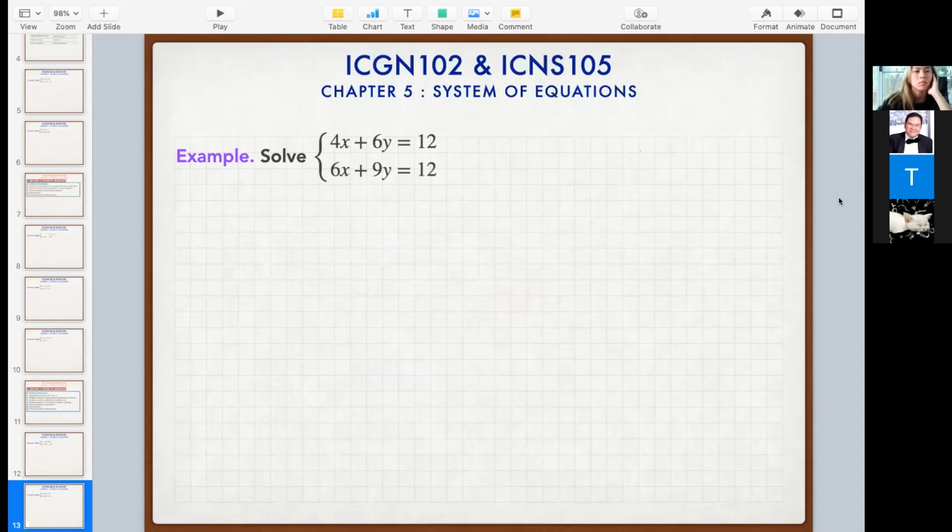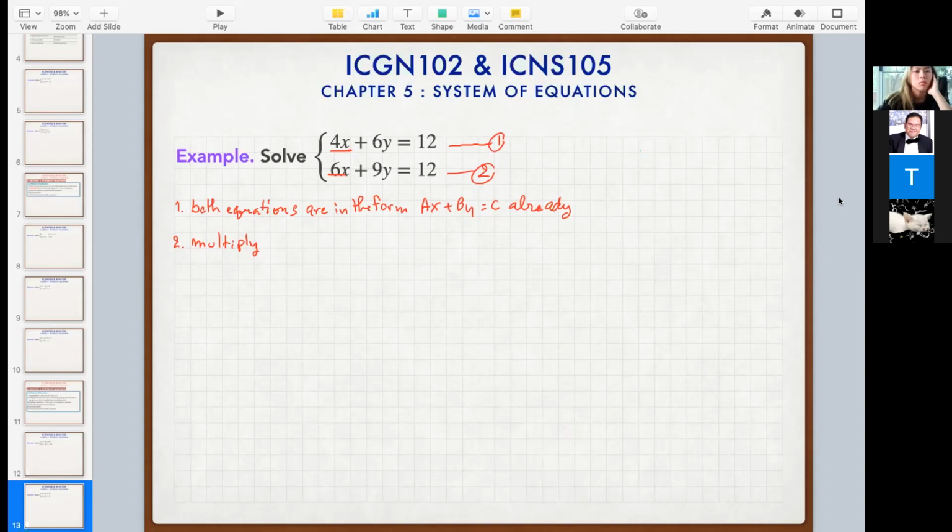For this system of equations, I give you 3 minutes, everyone. Please find the solution of this system of equations. 3 minutes, you may start now. If you get the answer, please write it in the chat box. Okay, time's up.